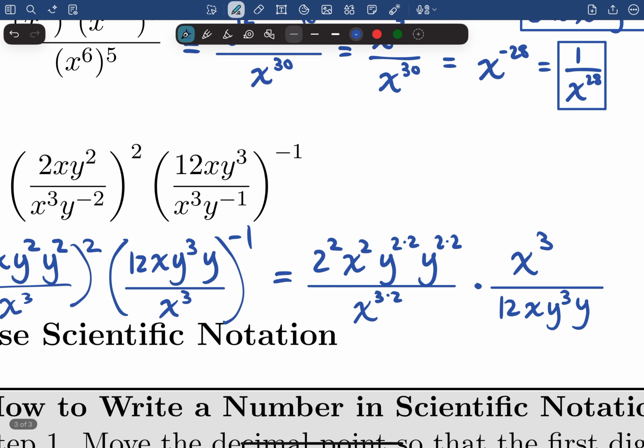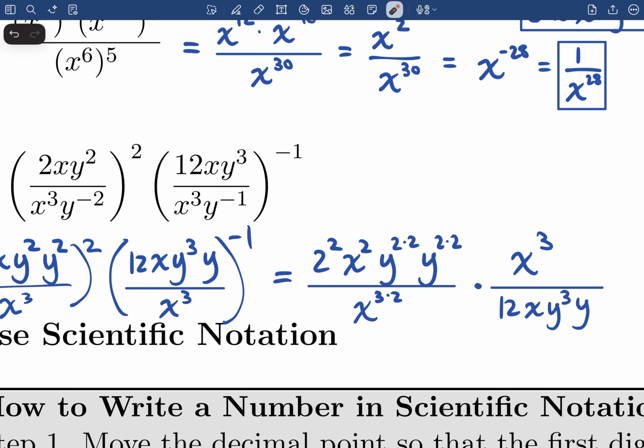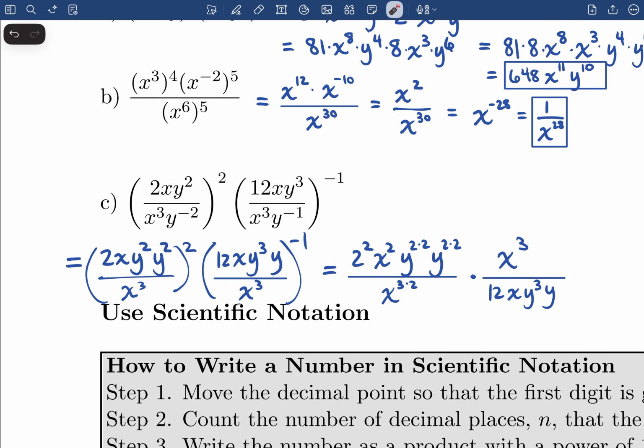Okay, so we just took the reciprocal of this fraction because we applied that negative 1 exponent. Okay, so we put the denominator in the numerator and the numerator in the denominator. That's the reciprocal, and so we just applied that rule. Okay, time to clean this up even further.